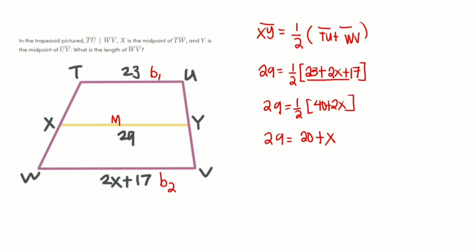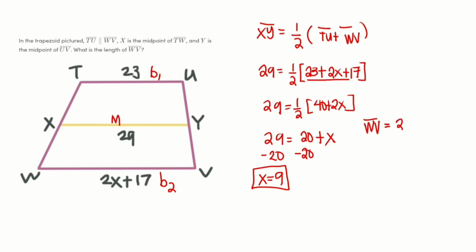Next to that is we're going to solve for the value of x. So we subtract both sides of the equation by 20. So we will apply subtraction property of equality. So the value of x now is equal to positive 9. Okay? Next is we're going to substitute this in segment WB so that we can now obtain the length of segment WB.